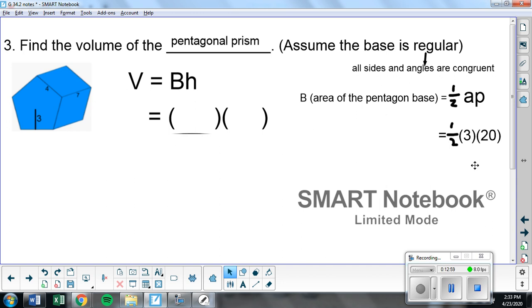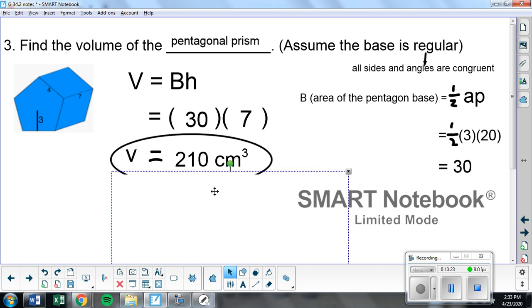Multiply that out and you get 30. 30 gets filled in for a capital B, area of the base. Height, how far is it from one pentagon to the other pentagon? 7. Multiply that out, you don't even need a calculator. 30 times 7 is 210. Centimeters cubed.